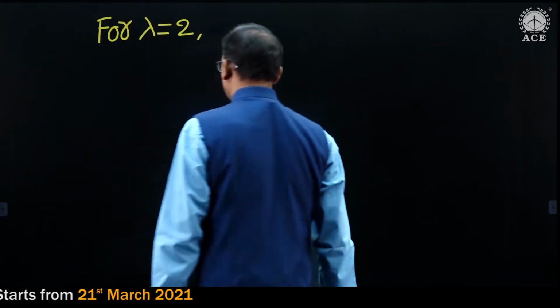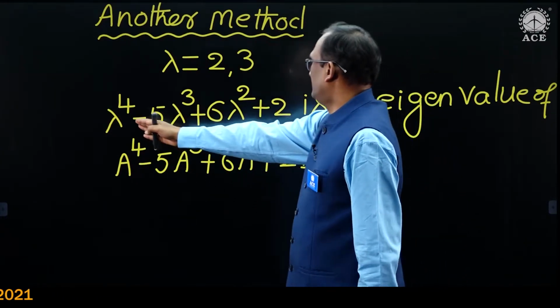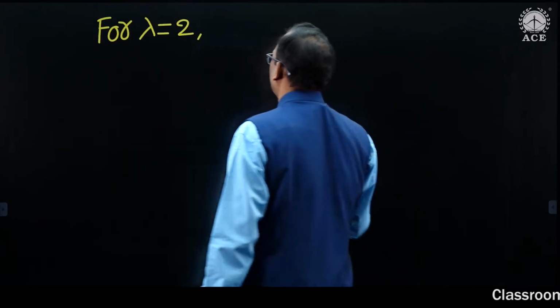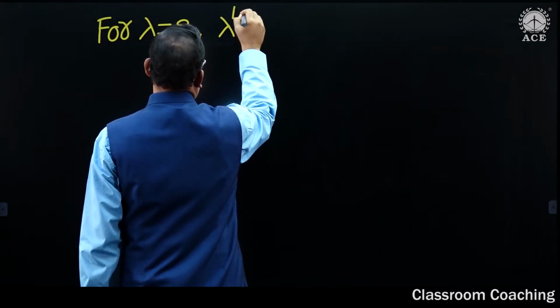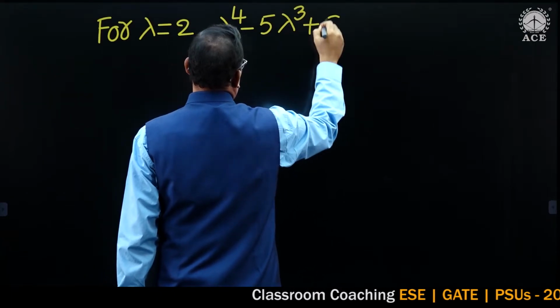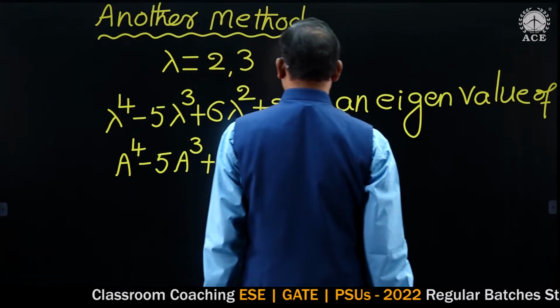For lambda is equal to 2. Take lambda is equal to 2 here: lambda power 4 minus 5 lambda cube plus 6 lambda square plus 2.